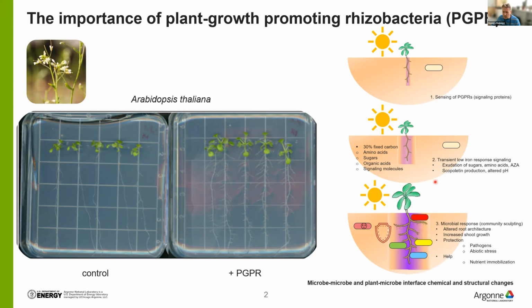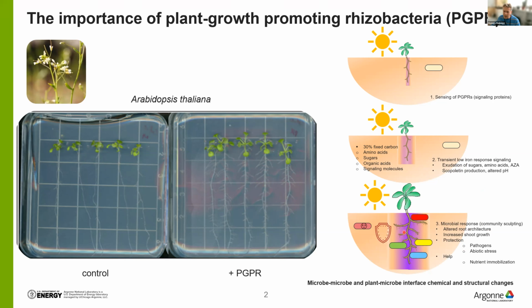In response, microbes will migrate and colonize the root system, and altering this root architecture will increase not only below but above ground biomass.